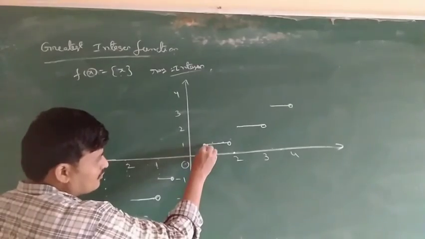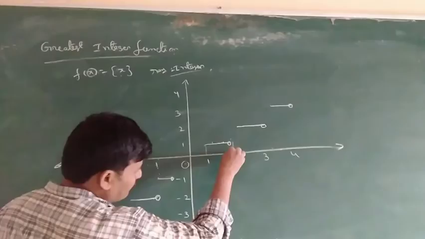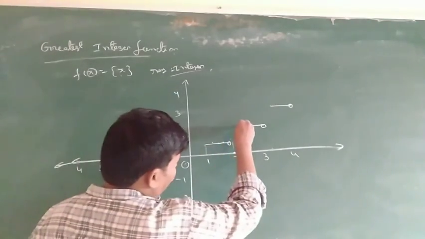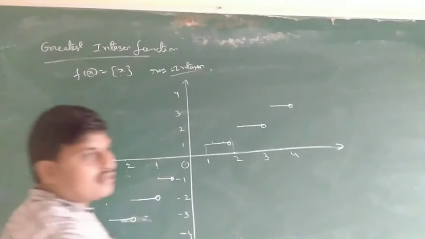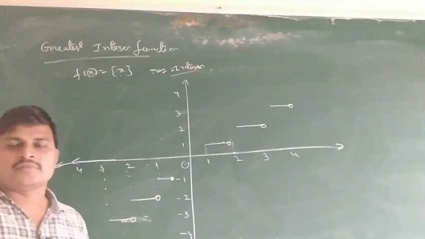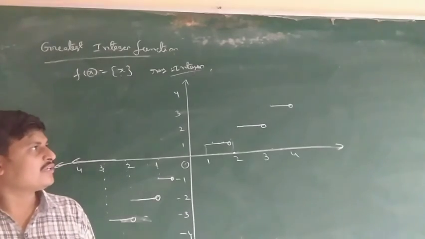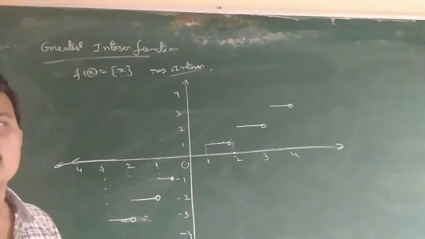From 1 to below 2, not 2, directly below 2. From 2, starting 2.1 to 3.9. In a graph paper, you can see this clearly.